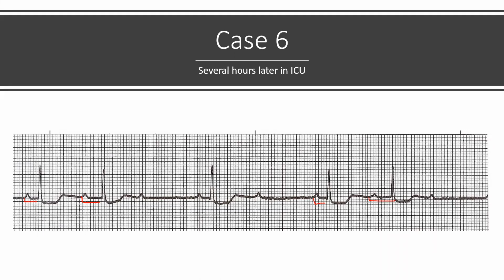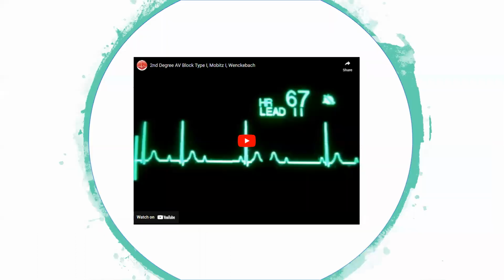And this is usually a rhythm or arrhythmia that is caused by ischemia in the area of infarction. So the mechanism of this particular arrhythmia is that this is usually a result of a reversible conduction block at the level of the AV node.